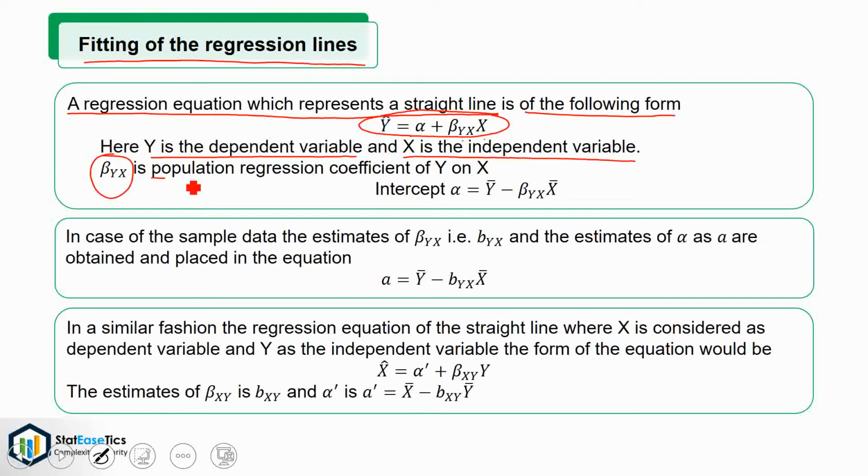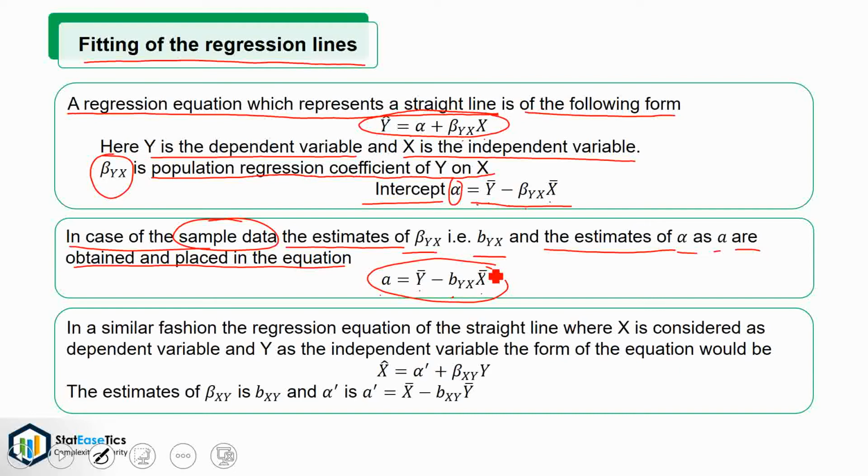Beta yx is population regression coefficient of y on x, and intercept alpha is equal to y bar minus beta yx into x bar. In case of sample data, the estimates of beta yx, that is byx, and the estimates of alpha as a are obtained and placed in the equation, that is, a is equal to y bar minus byx into x bar, which we have derived in the previous topic.